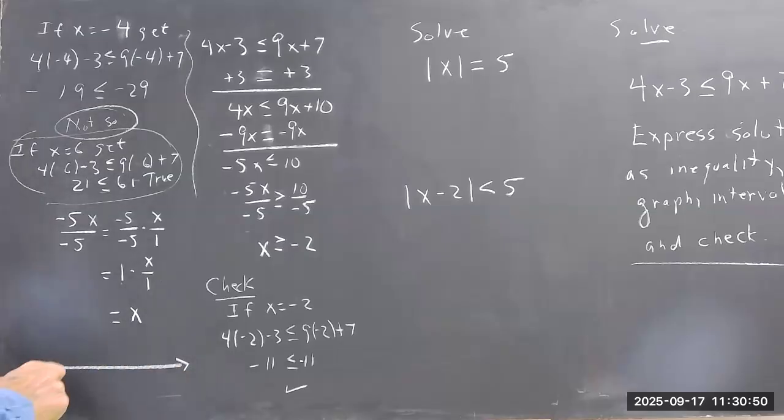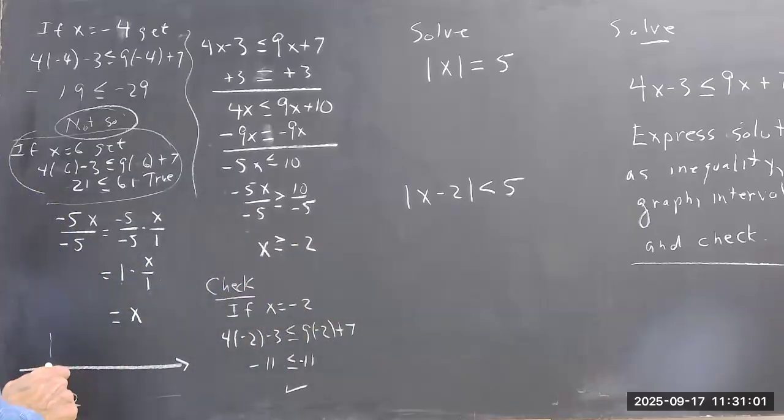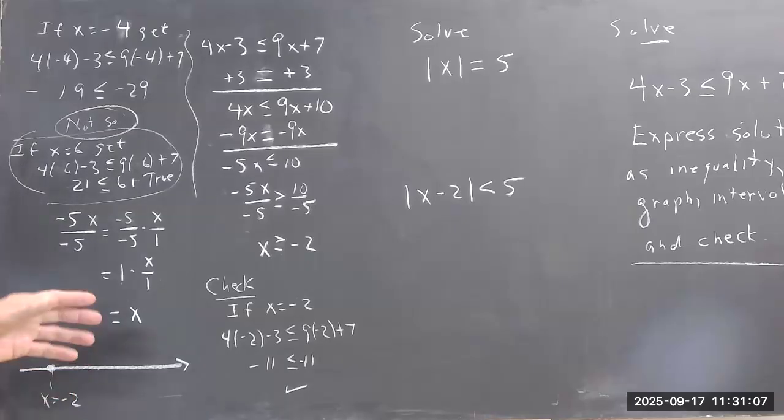Okay, now if I want a picture on a number line, well, here's where x equals -2. Now, x can equal -2 or it can be greater than -2. If x equals -2, that means I'm going to draw a closed dot here. If x was just greater than -2, I draw an open dot, just a circle without filling it in.